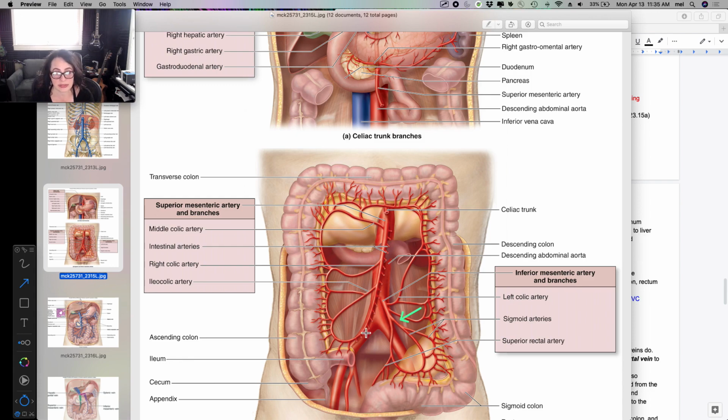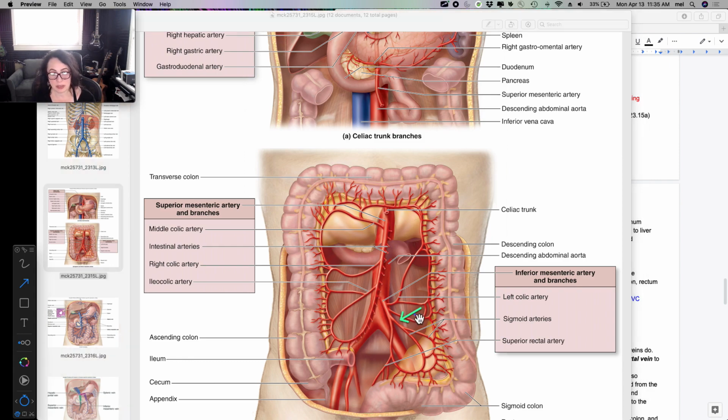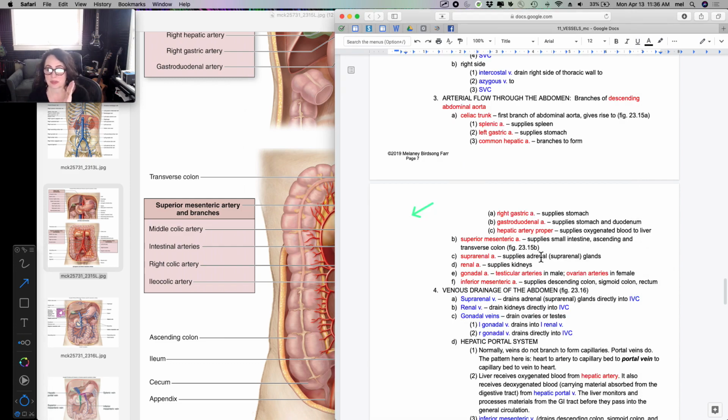And then look at what it supplies. So here's the last part of the small intestine. What it supplies after that is blood supply to the ascending colon and the transverse colon, right? Those are the 2 proximal portions of the large intestine. All right, so superior mesenteric artery, small intestine, almost all of it, ascending and transverse colon.